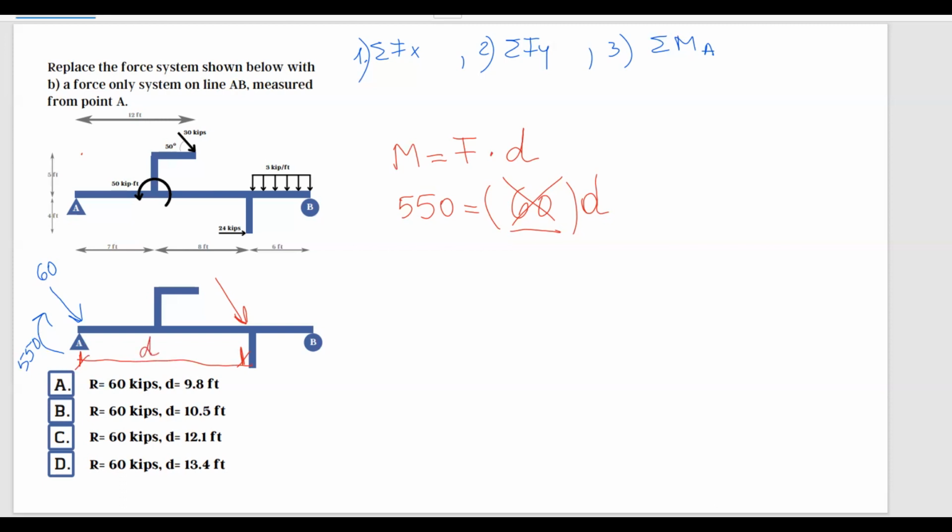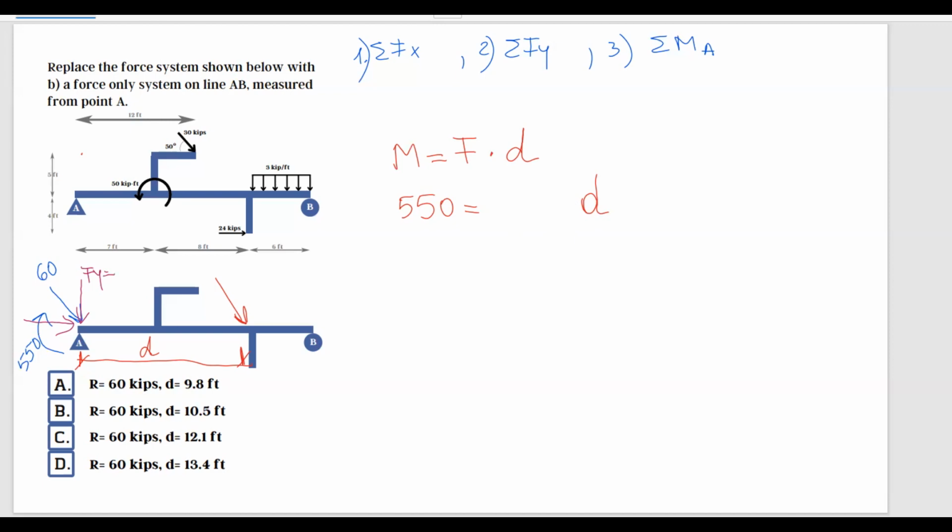This is D. Let me delete that. We're going to have to bring back our horizontal and vertical force. The horizontal force goes straight to point A, so it doesn't create any moment. So all the work is done by this Fy.